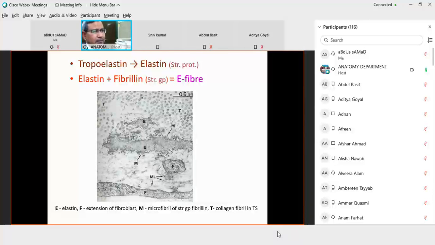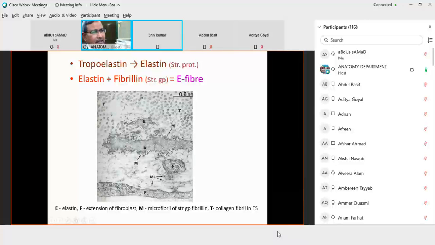Both of them put together form the elastic fiber. So for example, here is the elastin, and surrounding it you have the fine fibrous structure. This is called the microfibrils or fibrillin around it. That constitutes the elastic fiber.